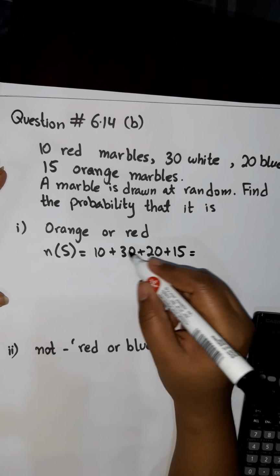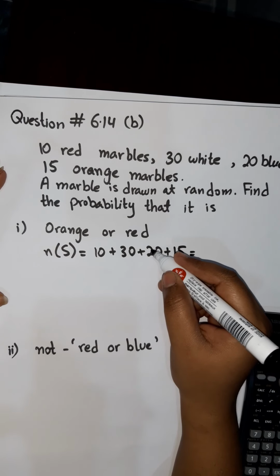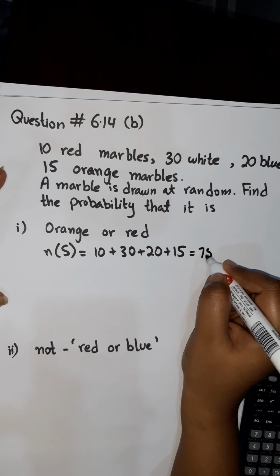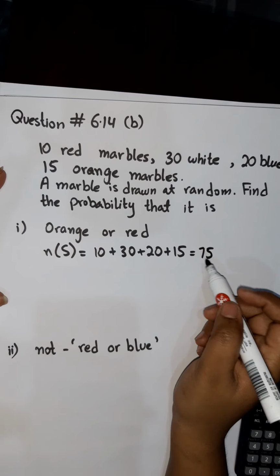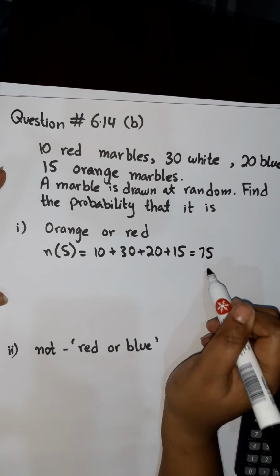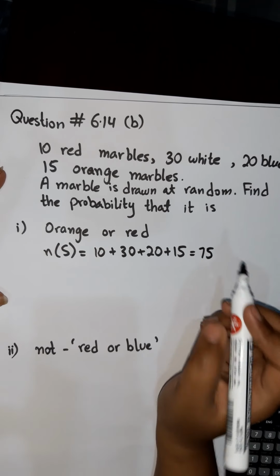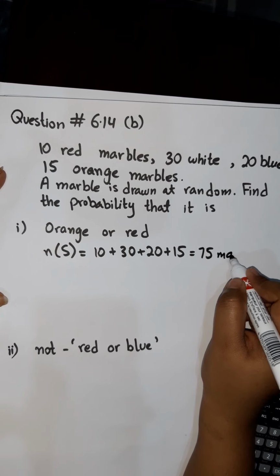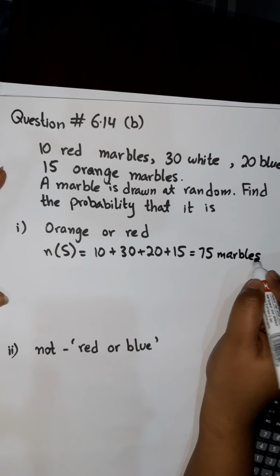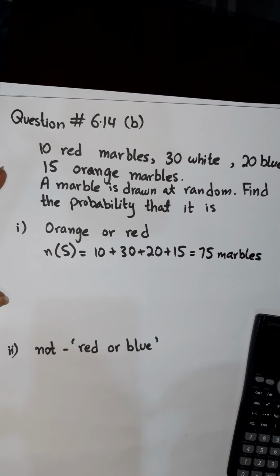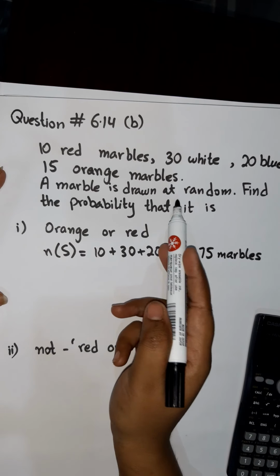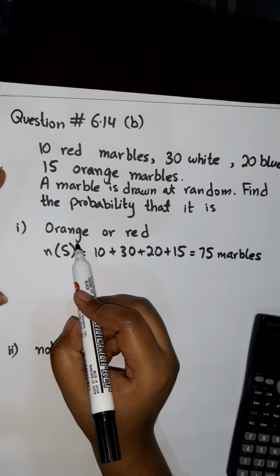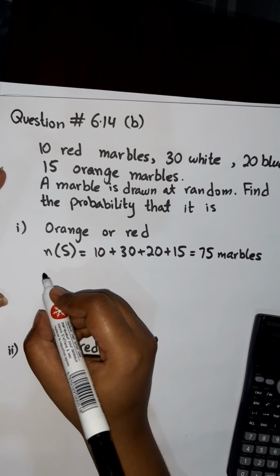So total number will be 40, 50, 60, 75. So n of S, the total number of outcomes in the sample space, is 75. Now out of these 75 marbles, what is the probability that the chosen marble will be orange or red?